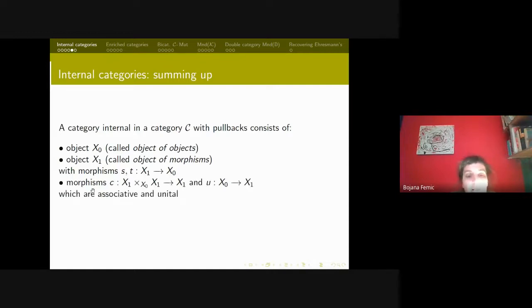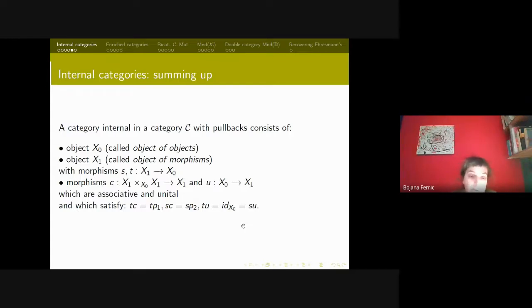And finally, we had two more morphisms in C. One is C on the pullback, and the other is this unity, which are associative and unital. And moreover, there are these compatibilities of source and target with the composition and unity. So this sums up what an internal category in any category with pullbacks is.